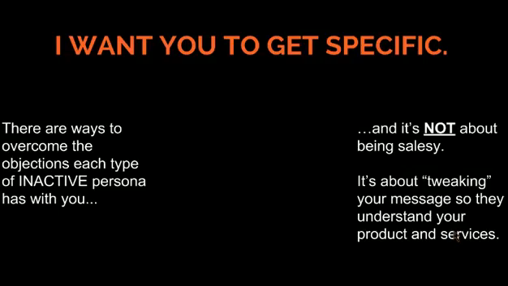Now, here's what I want you to do about your little non-buyer problem. You know who the 4 non-buyers are and why they're not buying from you. Now I want you to get specific. There are specific ways to overcome the concerns of each of your non-buyer personas. It's not about being salesy. It's just about tweaking your message so they truly understand your products and services.